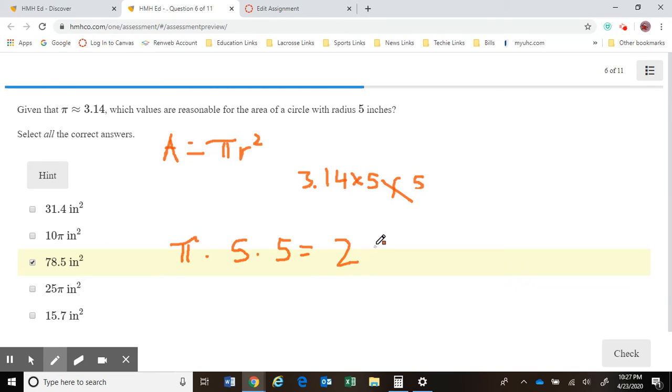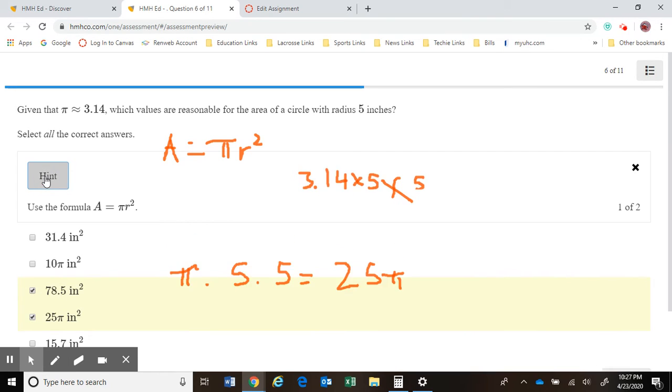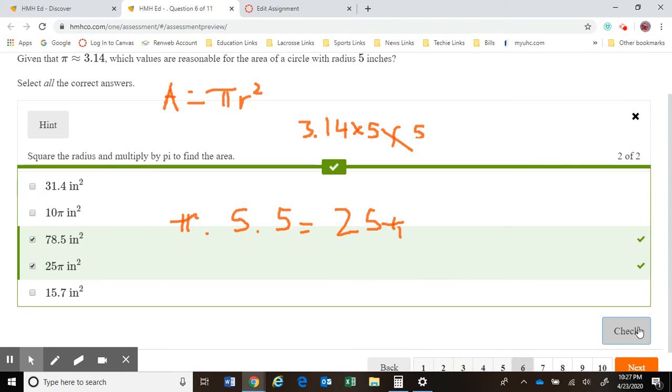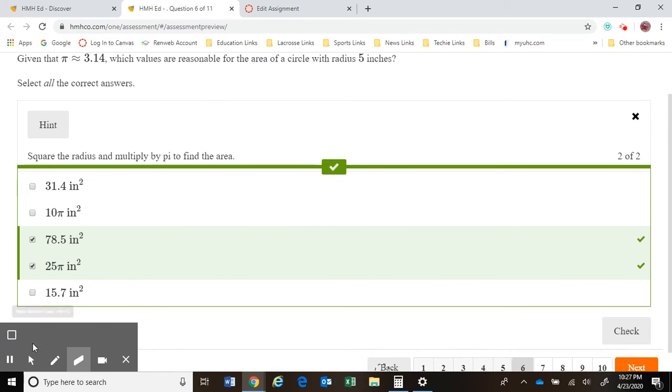That would be 25 pi, and that's one of my other answers, right there. So use the formula, square the radius. Those are my two answers. Check it, work it, then move on to the next one.